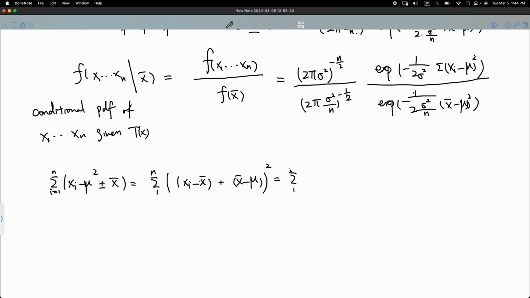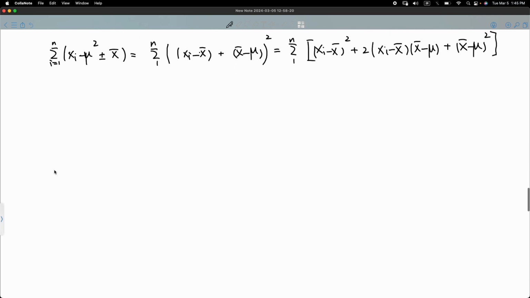This should be a summation of (xi minus x bar) squared, plus 2 copies of (xi minus x bar) times (x bar minus mu), and then plus (x bar minus mu) squared. And the summation here is referring to this entire expression.